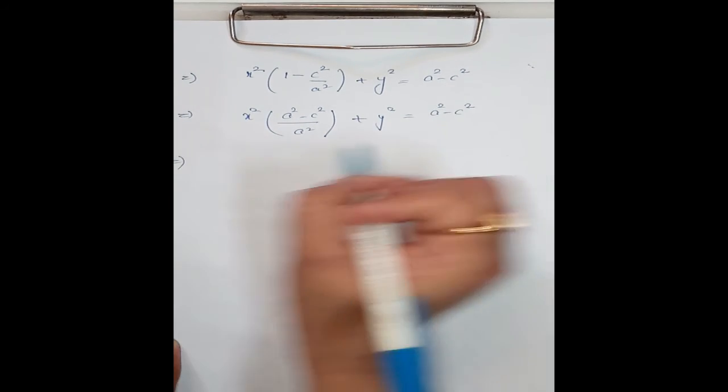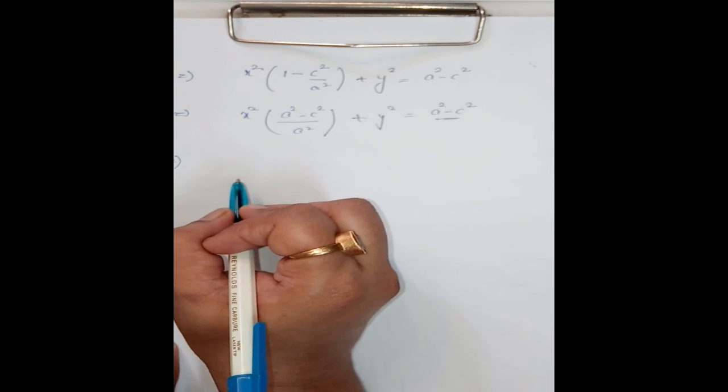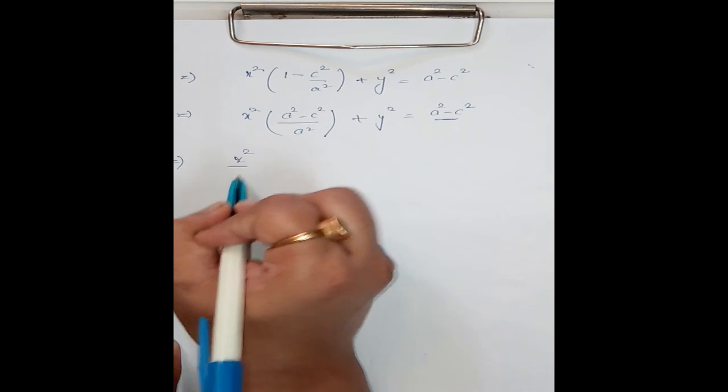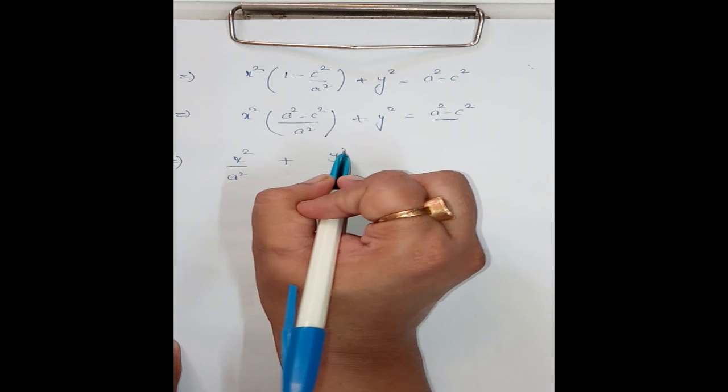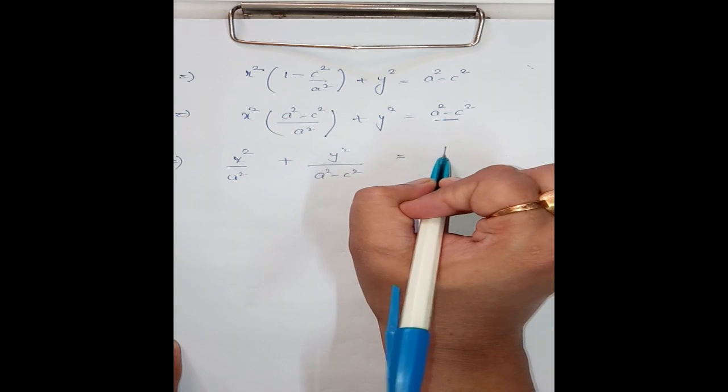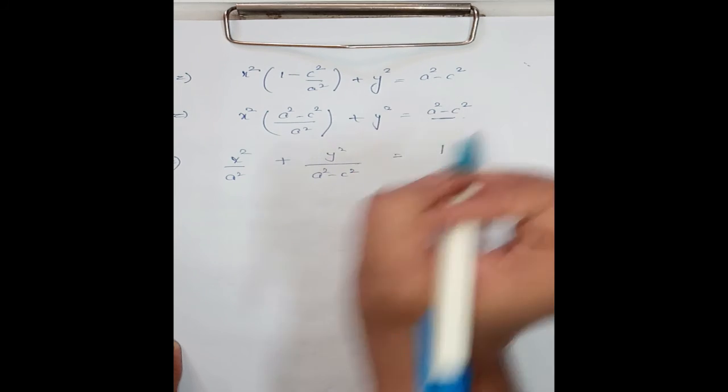Now dividing by a square minus c square on both sides, this will be x square by a square plus y square by (a square minus c square), and this will be 1.